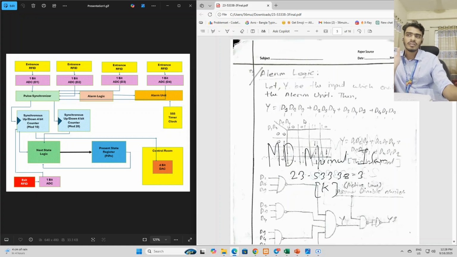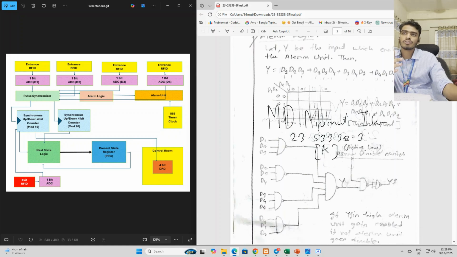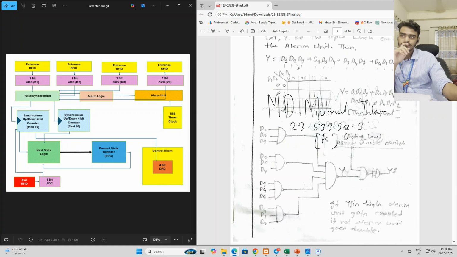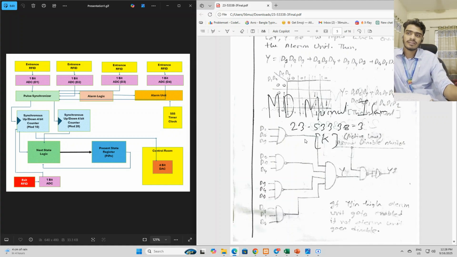I tried to minimize this equation with K-map, but this is our simplest equation, we couldn't find any simpler equation. And this equation is developed with NAND gates only, according to our requirement. So this is the NAND gates implementation.